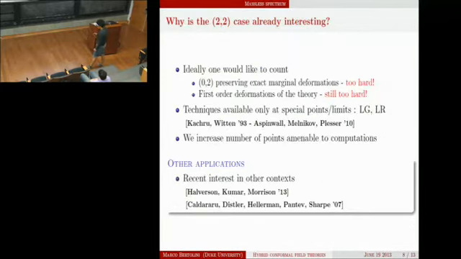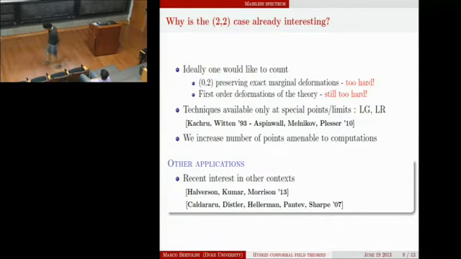So good. Now I think it's the point to say why studying (0,2) is not just an exercise, but can tell us something interesting. Indeed, even in the (2,2) locus, not everything is yet understood.